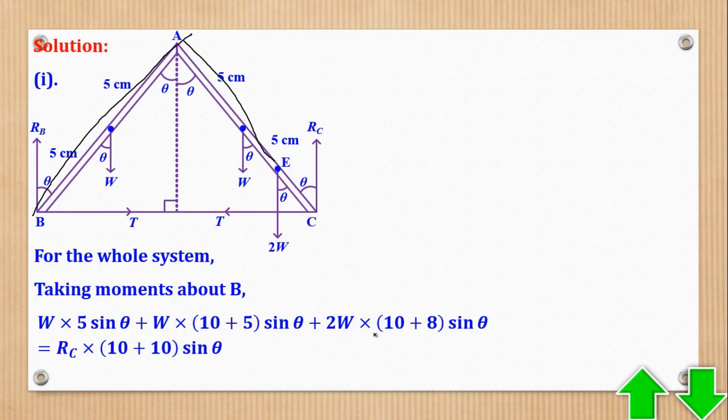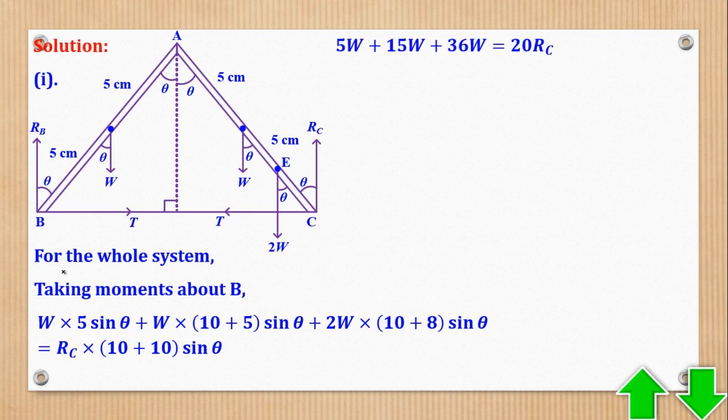So that's why you see here 10 plus 8, and the angle between is theta. Then for RC, from here TI is 10, and from here TI is 10. Therefore, that's why you see here 10 plus 10, and the angle between is theta. So with that, we have taken moments.